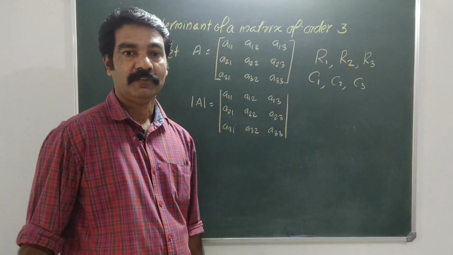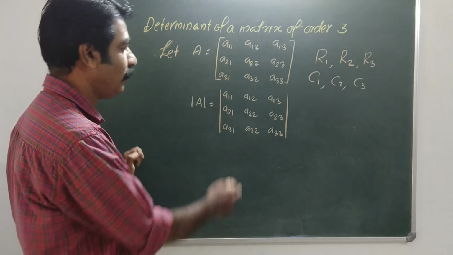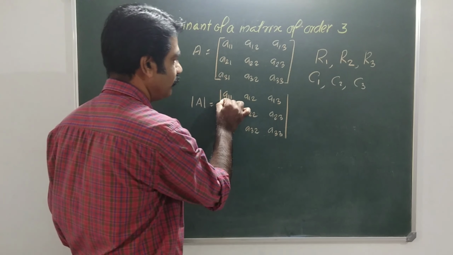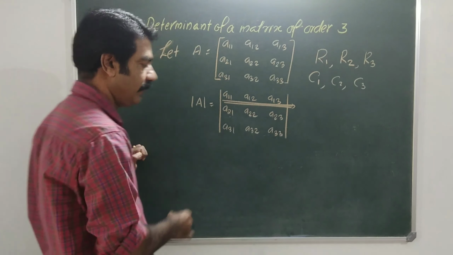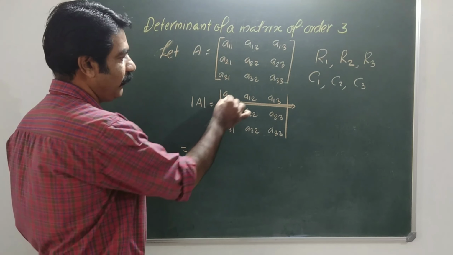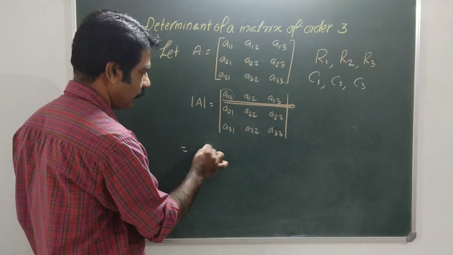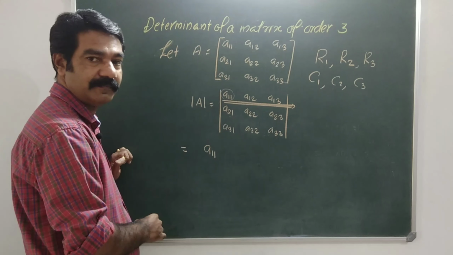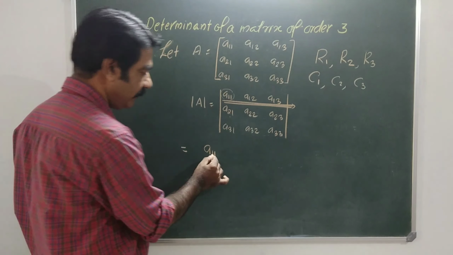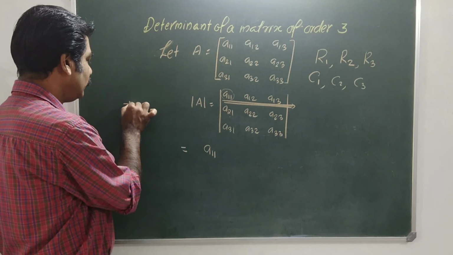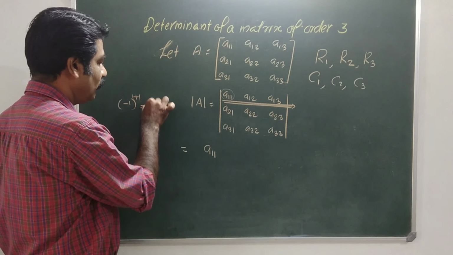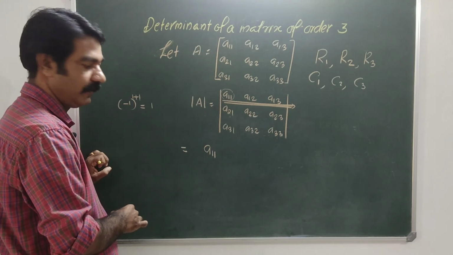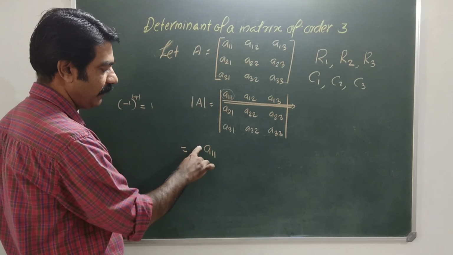Okay. So first I am going to explain how to expand this along the first row. The first element is A11. Since it is 1 1, minus 1 raised to 1 plus 1 is equal to 1, positive 1. So this sign is positive.